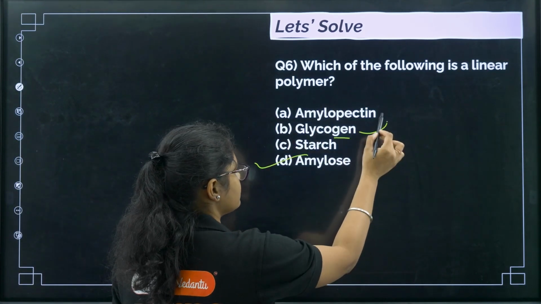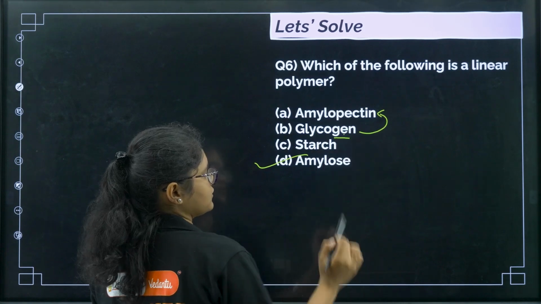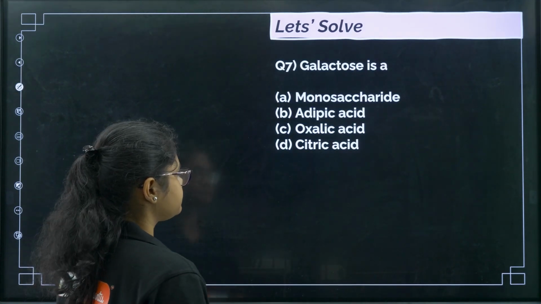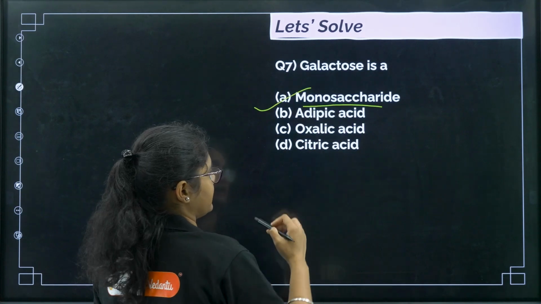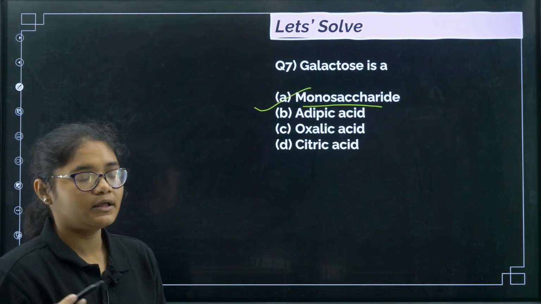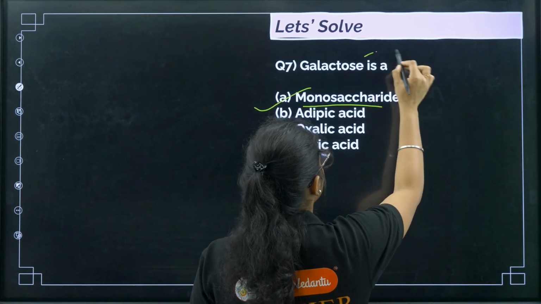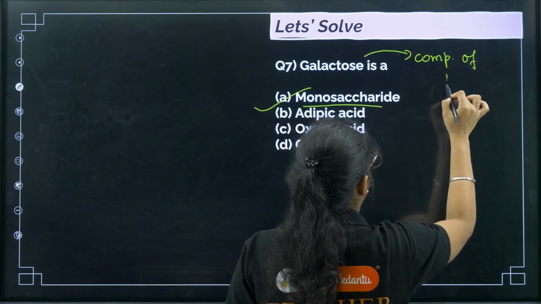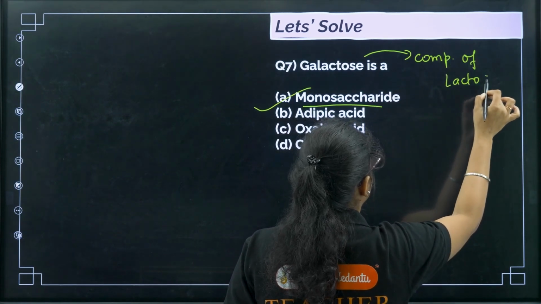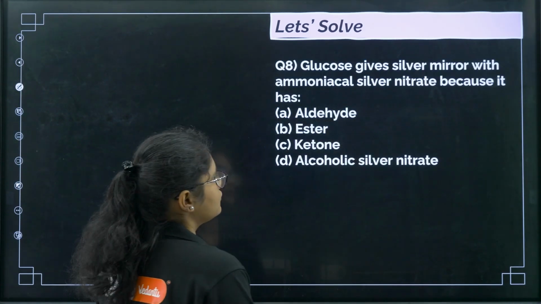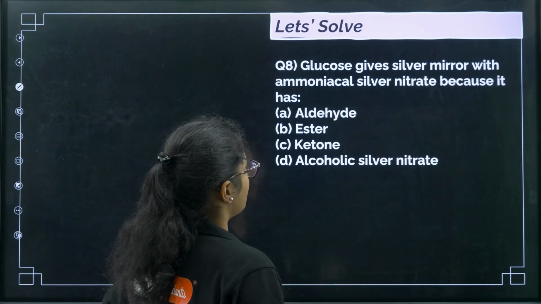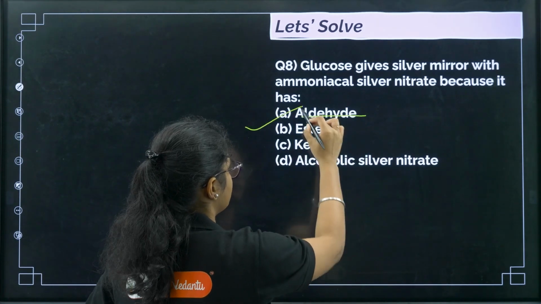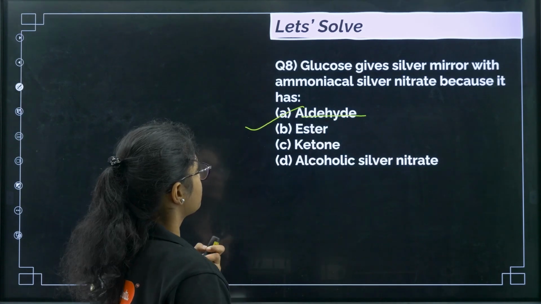Glycogen is also similar to amylopectin, so that is also branched. Next, galactose is a monosaccharide found as a component of lactose. Next, glucose gives a silver mirror with ammoniacal silver nitrate because it has a free aldehyde group. The correct answer is option A.